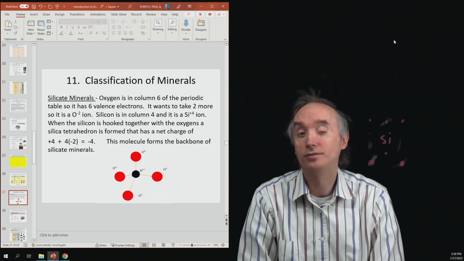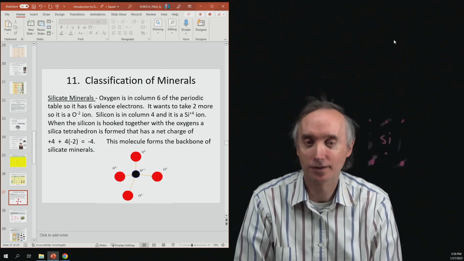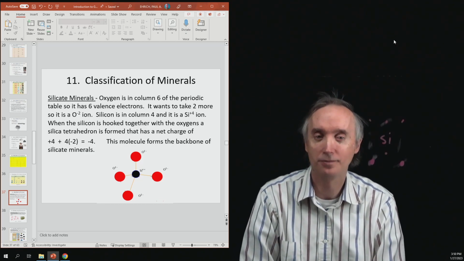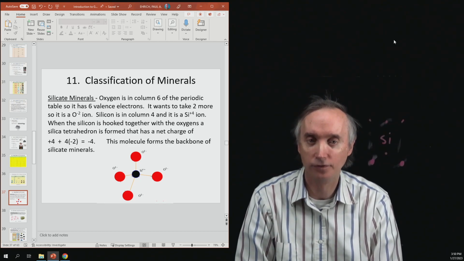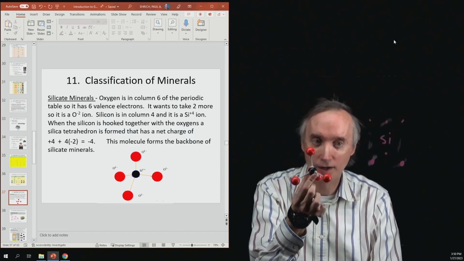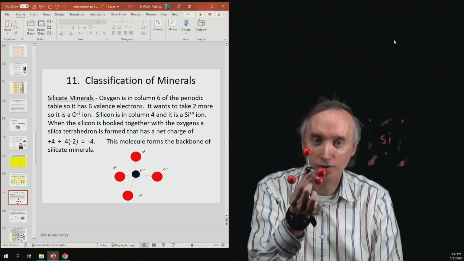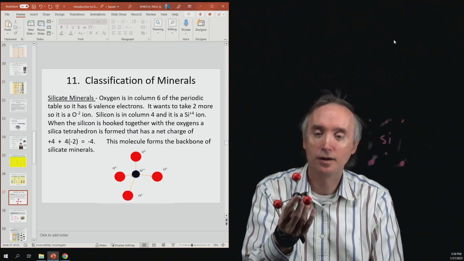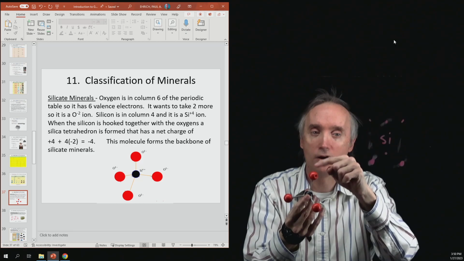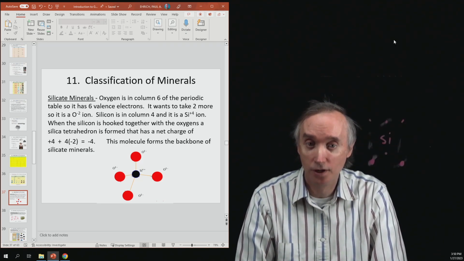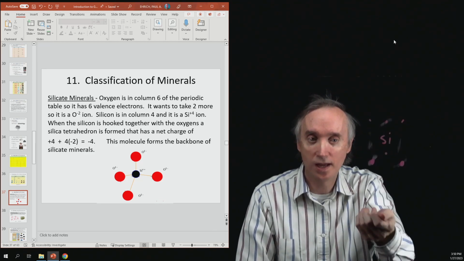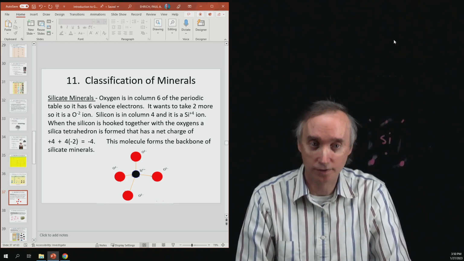Okay, now this is getting kind of technical, so just bear with me here. Let's look at the electrical charge of this thing right here. You'll notice that the oxygens are in column 6 of the periodic table, so they want to take 2 electrons.